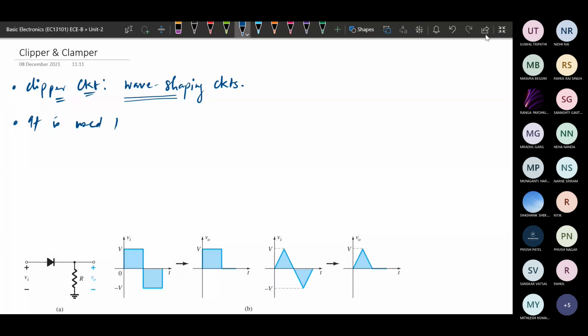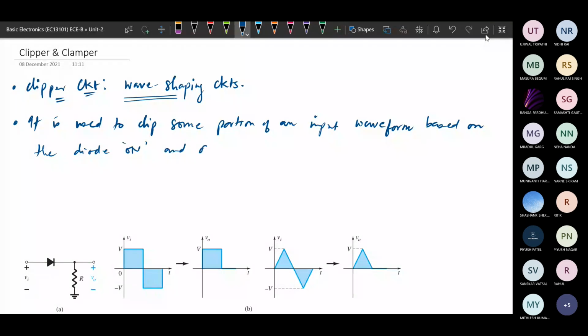It is used to clip, or cut, or shape. It is going to clip some portion of an input waveform based on the diode on and off characteristics.